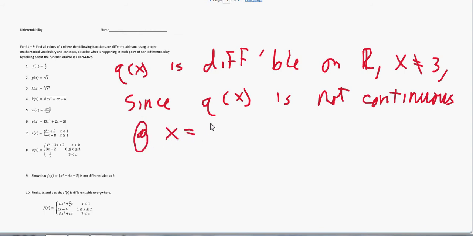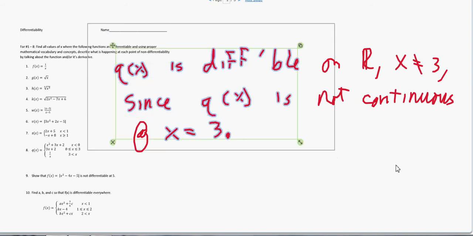There you go. The other problem point could have been 0, but we checked 0 and it all worked out.